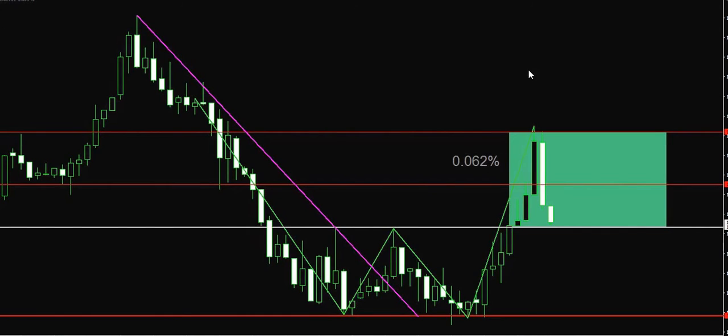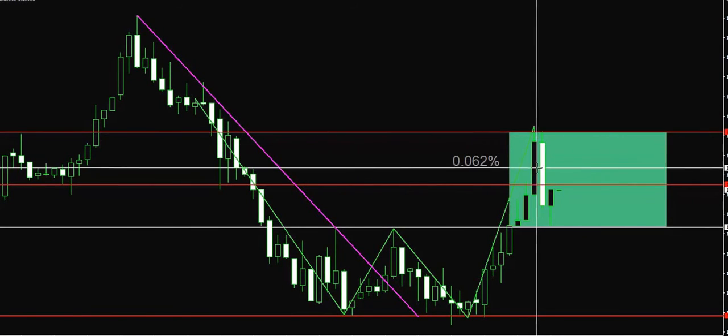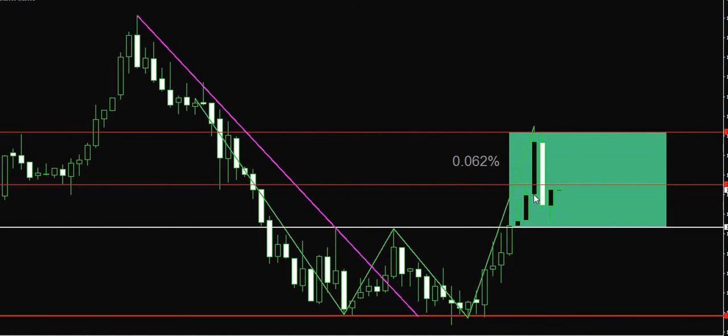And then when you multiply your $20,000 buying power by the 0.062 percentage we just calculated, which is the distance between our entry and exit point, you will be getting the result of 12.4, which is calculated in dollars. So you will be receiving a decent profit of $12.4 just for a trade which took you like 10 minutes.